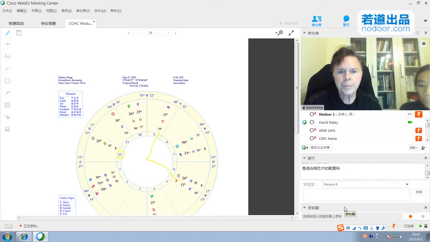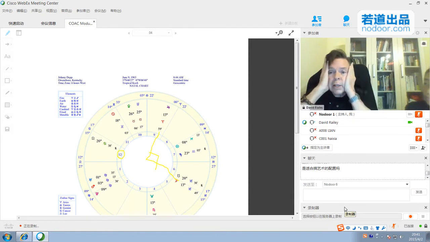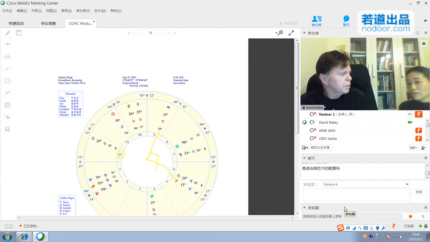This again expands his need to find an outlet for his feelings, which Moon in Capricorn is not so sure about. Capricorn resists expressing emotions. The Jupiter square to the Moon expands the need to express emotion.